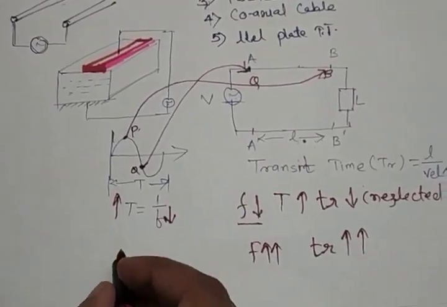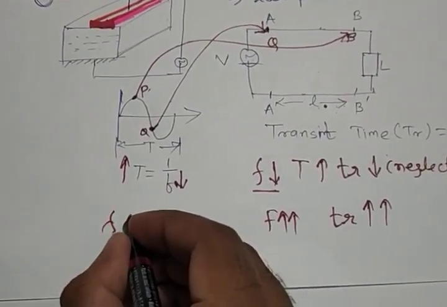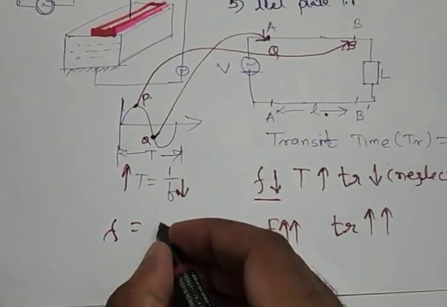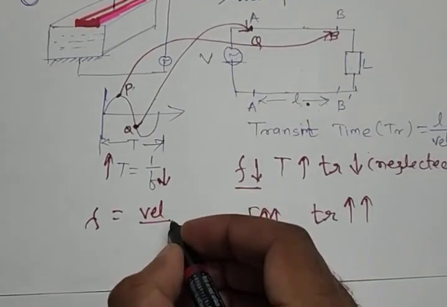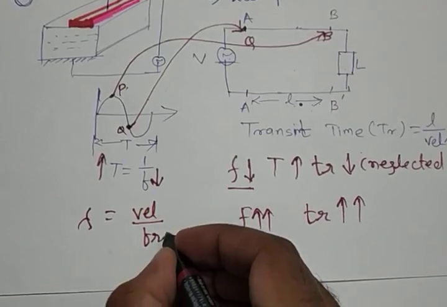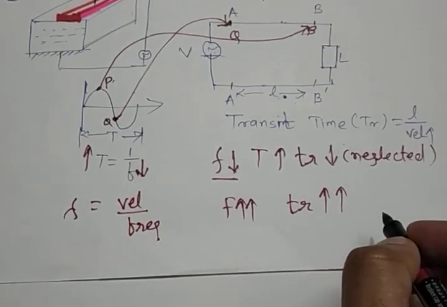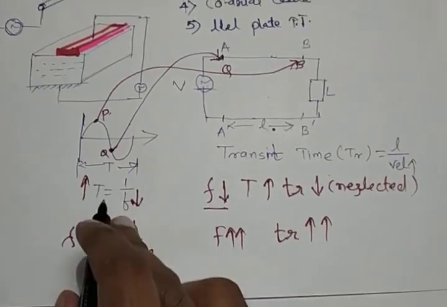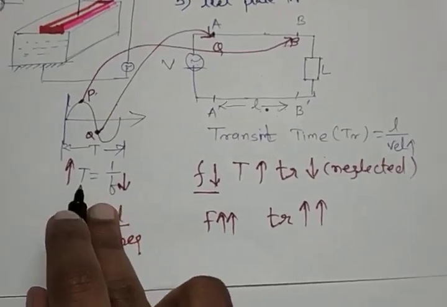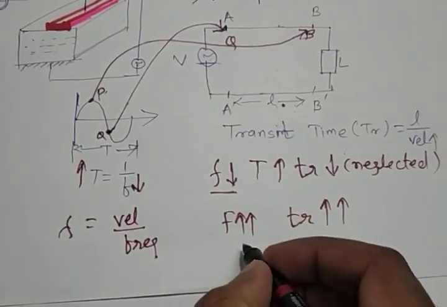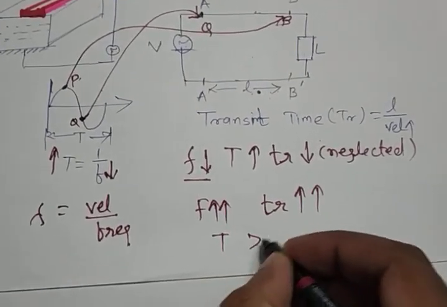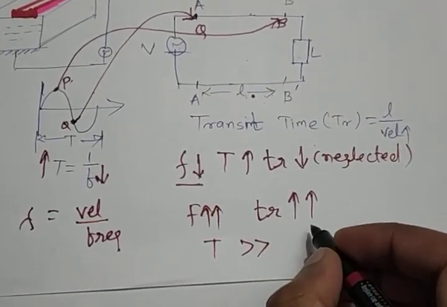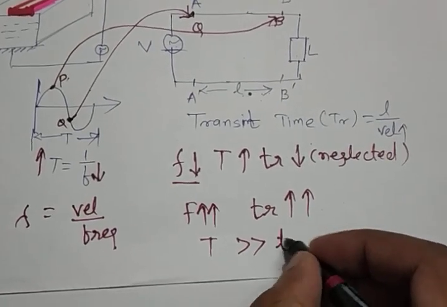So one more thing, we can relate them with lambda. What is lambda? The wavelength. It is given by velocity by frequency. And what is this relation? Now we can say that this is our time period T. So if T is too much greater than, say, TR, in this case what can we write?